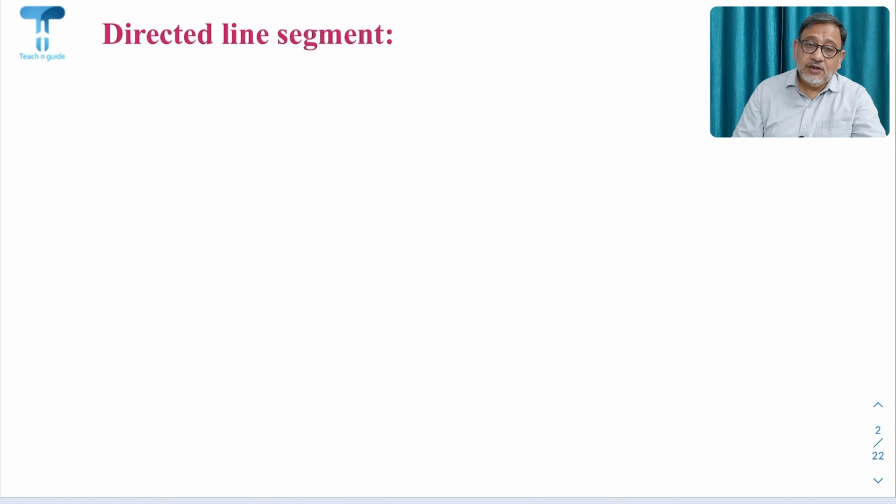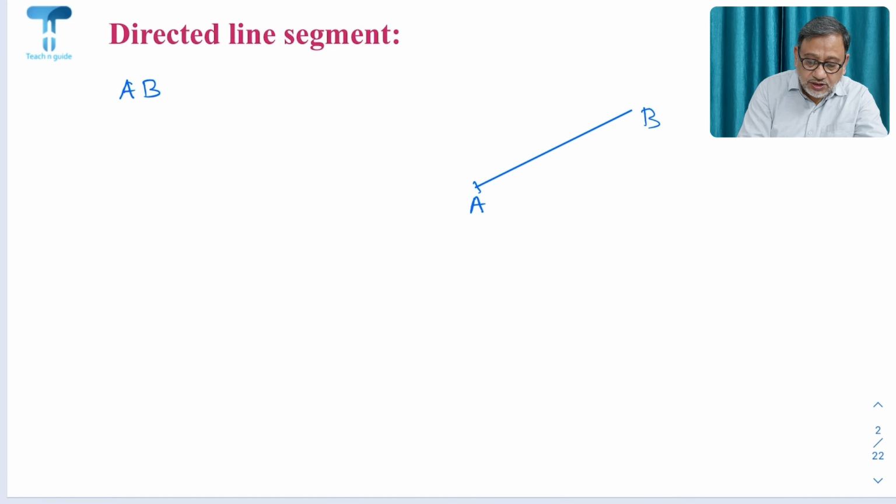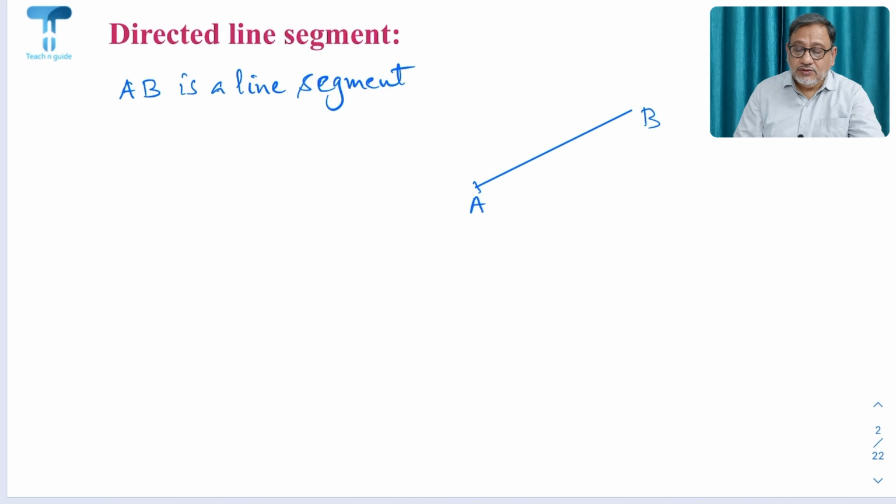Directed line segment. The first thing is directed line segment. What is a directed line segment? Any line segment, you already know, A to B, AB is a line segment. Now if I put direction with it, suppose the size of this AB is 5 centimeter.